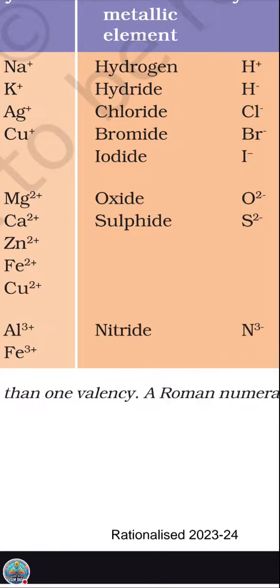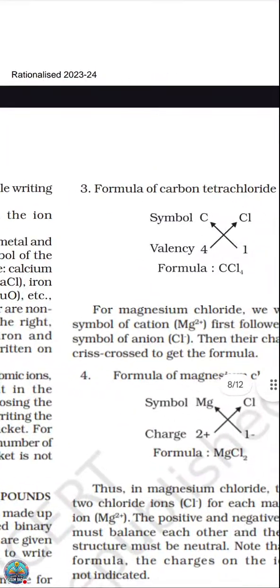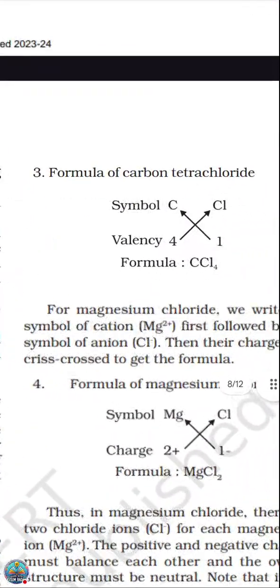Na, then O. Na's valency is plus 1, O's valency is minus 2. Then we'll cross them. So formula will be Na2O. So this 2 of oxygen will shift to sodium, and sodium's 1 we will shift to oxygen. That we call the criss-cross model. So you can see how we write formulas using the criss-cross model.